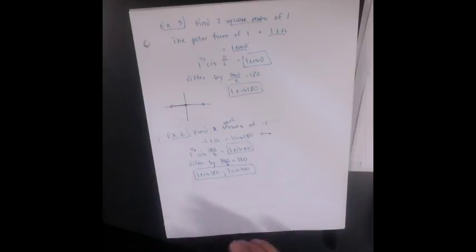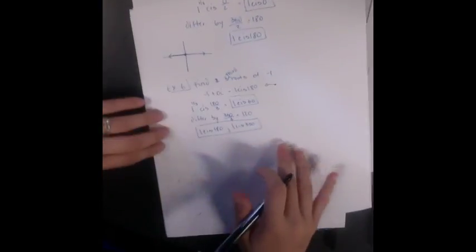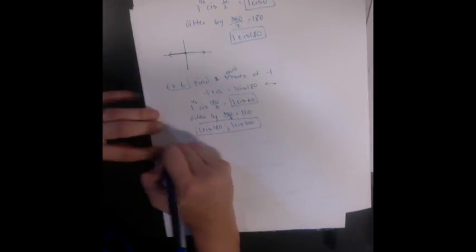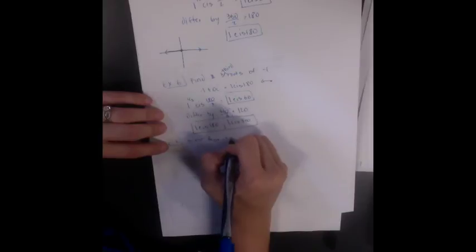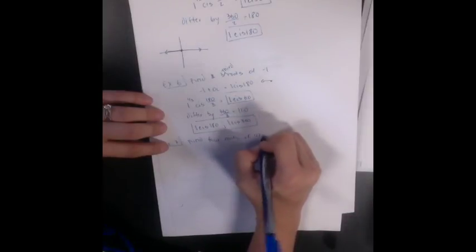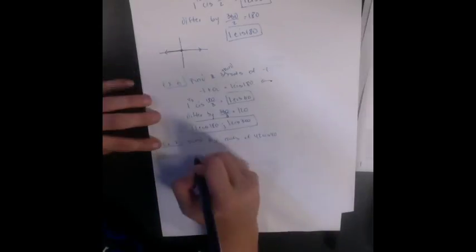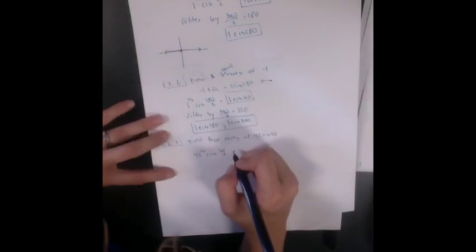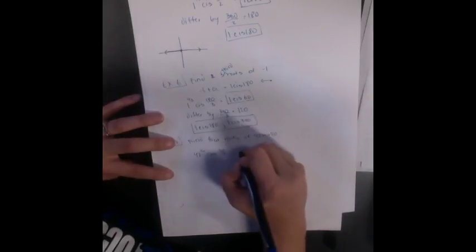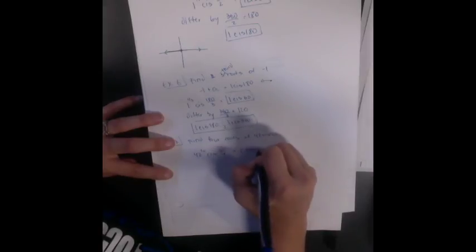Let's do one more example. Find 4 roots of 42 cis 40. So my first one, 42 to the 1/4 cis of 40 over 4, which gives me approximately 2.55 cis of 10.